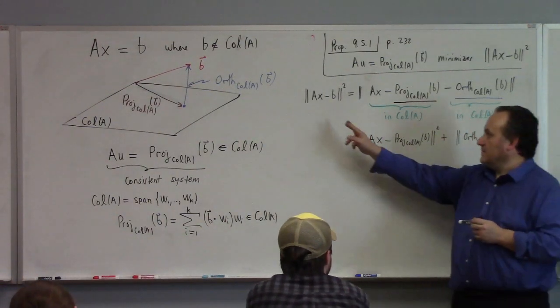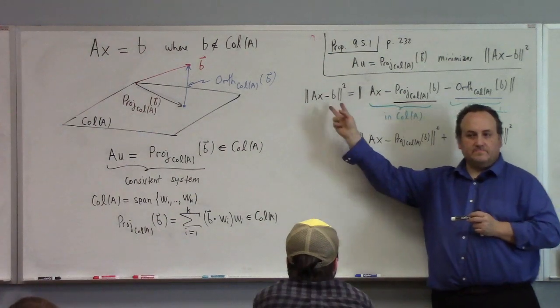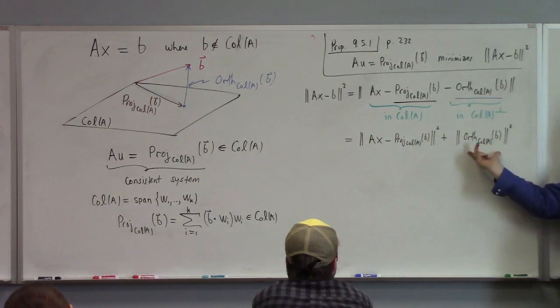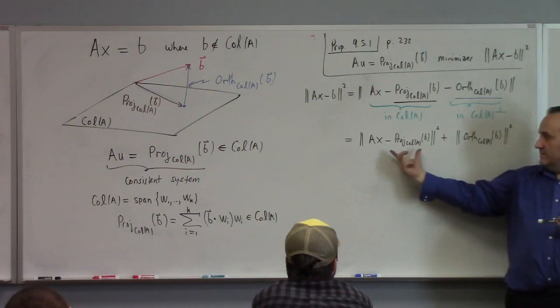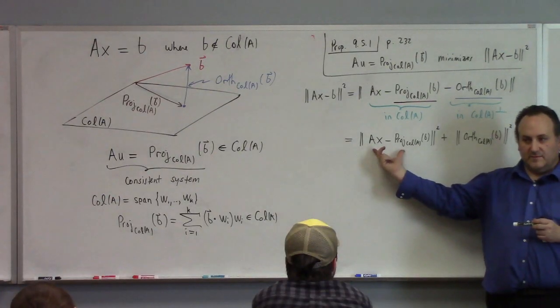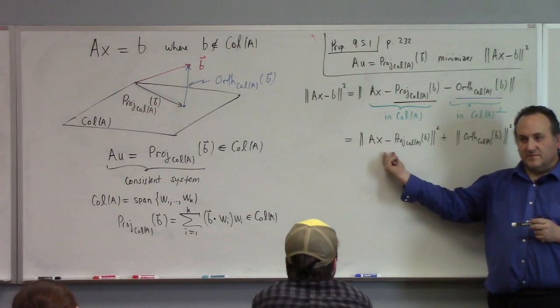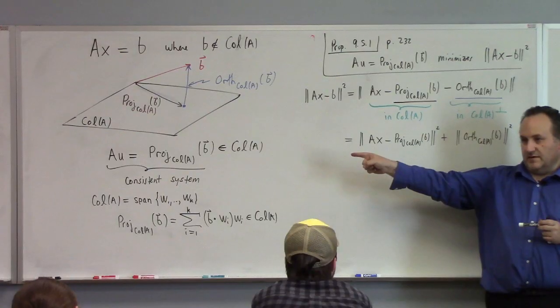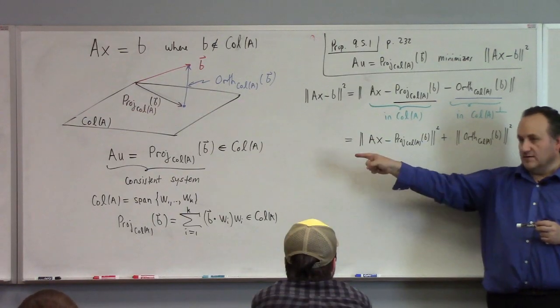So as we think about the norm of AX minus B squared, we're stuck with this. We can't do anything about that. But we can make this as small as possible by making this 0, right? When is this 0? It's when X is equal to the U over there.